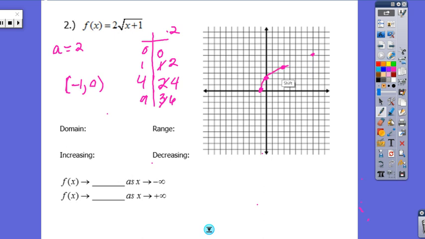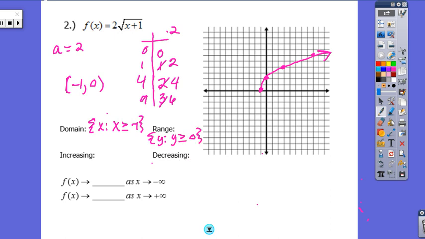All right, so here is my function. Domain: x greater than or equal to negative 1, and my range y greater than or equal to 0.